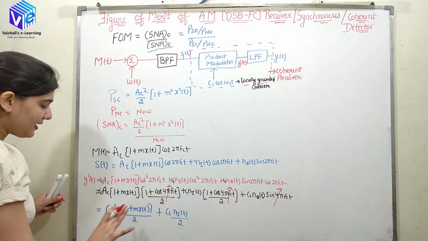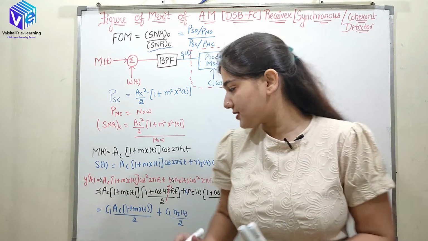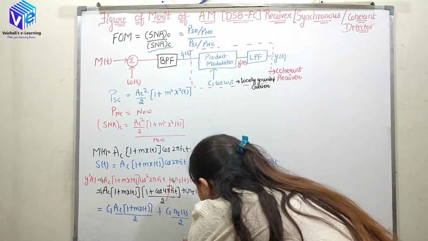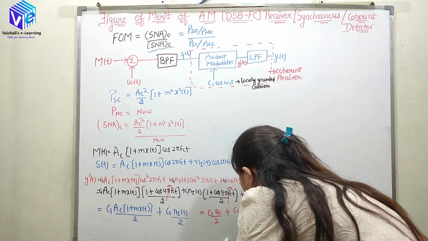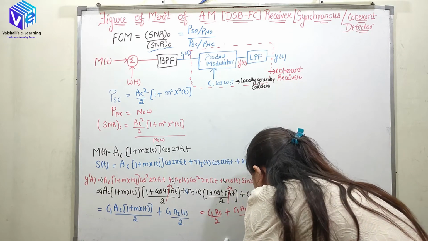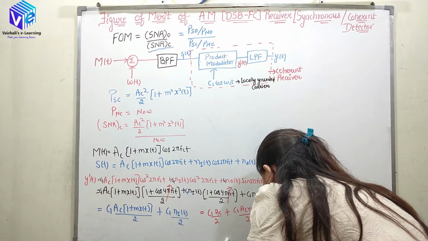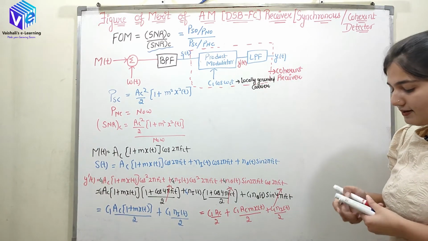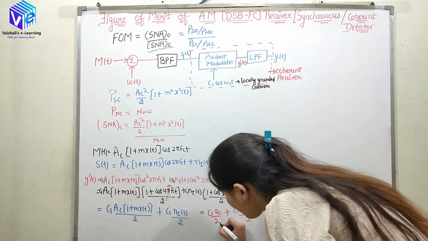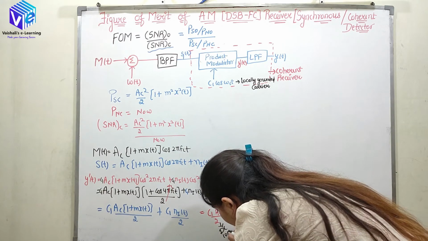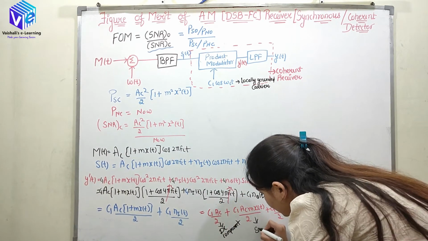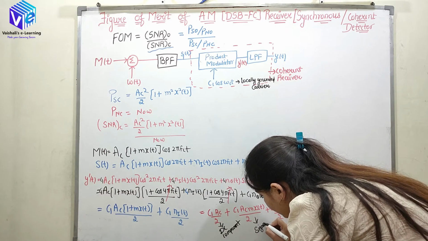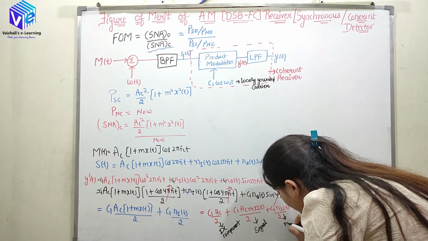If I rearrange this, I can write this signal as follows. Again, this is my DC component, this is my DC component, this is my desired signal, and this is my noise.